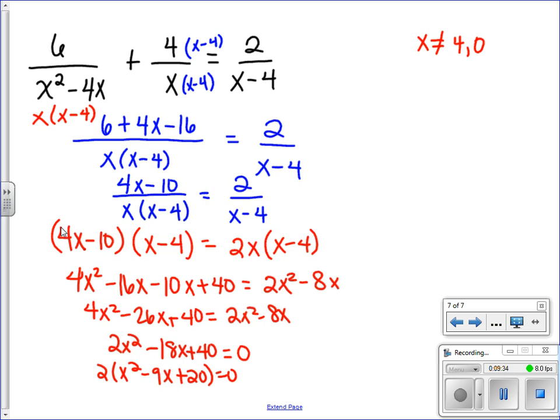Way easier to work with than 80 and 18, right? So that means my answers are 5 and 4. It can't be 4, so it's 5.